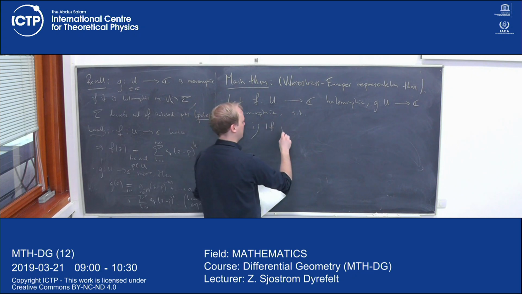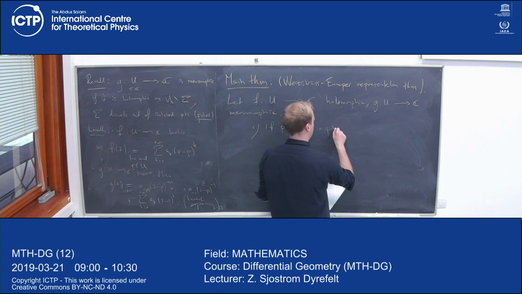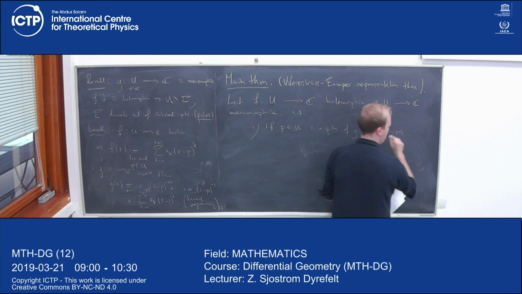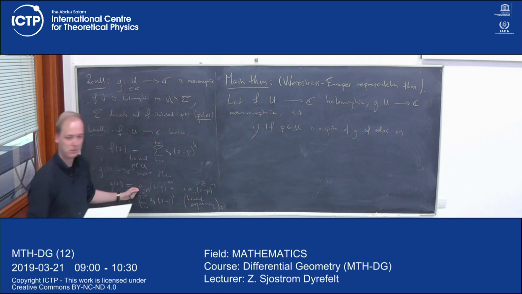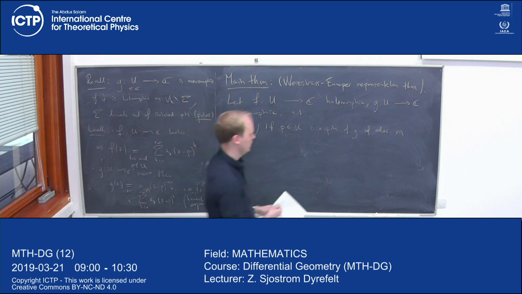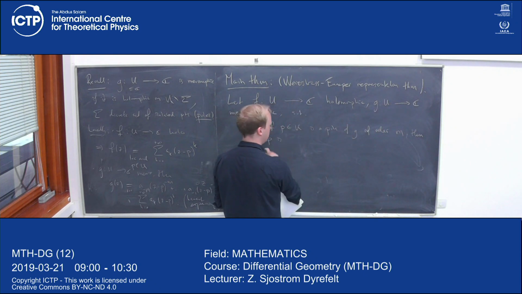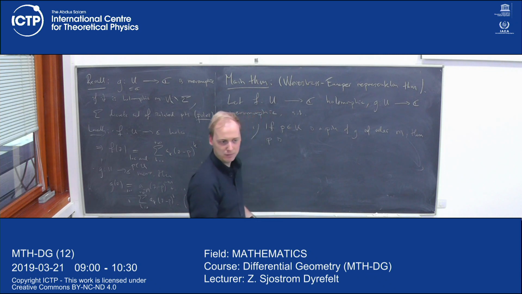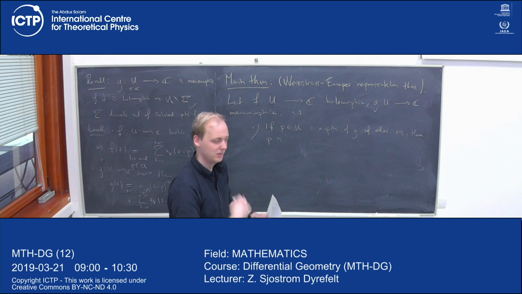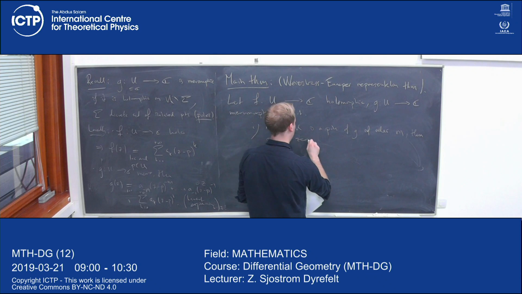So the first condition is that if p in U is a pole of g of order m, so it means that g looks something like this locally around p, you have such an expansion, then p, that same point, is a zero of f of order at least 2m. So it has to be at least twice the order.